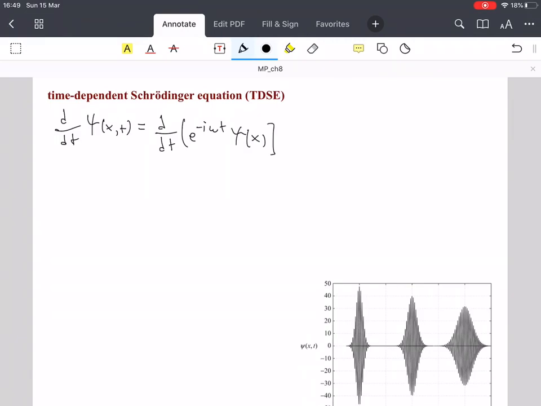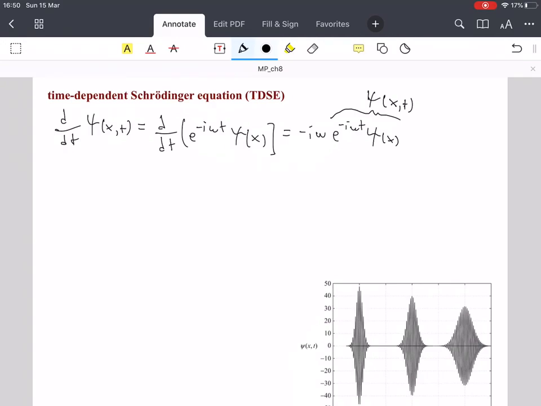If we take the time derivative of that, the negative i comes out, as does the omega, and that's multiplied by e to the i omega t times psi of x, and we see that this is just our original waveform when it's a function of x and t.